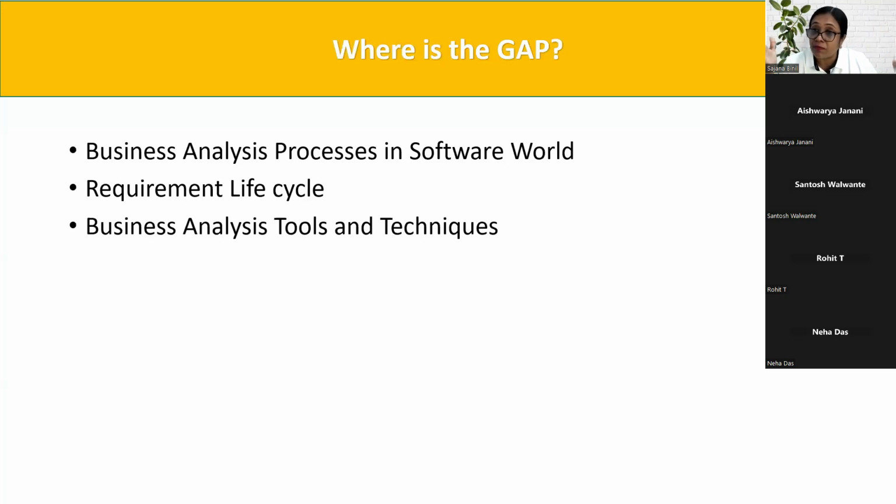We definitely have a whole bunch of transferable skills, but the gap lies in understanding the business analysis processes, the requirements life cycle, and some of the BA tools. So you need to be familiar with BA tools and techniques, requirements life cycle, and the different business analysis processes that are used. That is the gap that you need to fix. So now we are very clear where we stand, what transferable skills we have, and what we need to fix, isn't it? And how can we fix this gap?